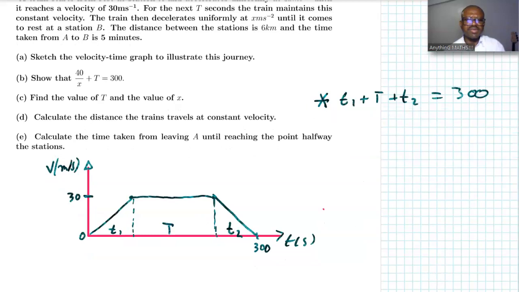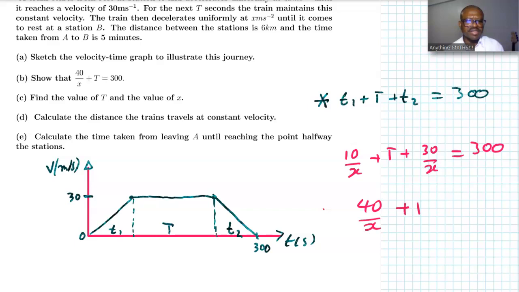From the calculation, t1 is 10 over x, plus t2 is 30 over x, plus T, should be equal to 300. Simplify everything, and we get 40 over x plus T equal to 300, just as required.